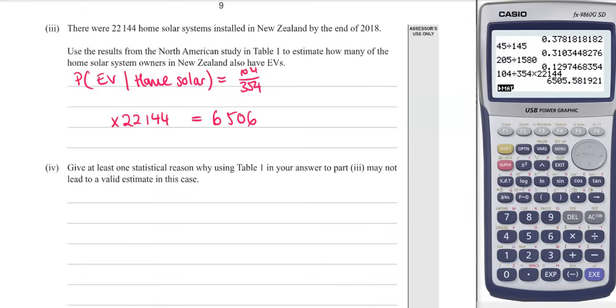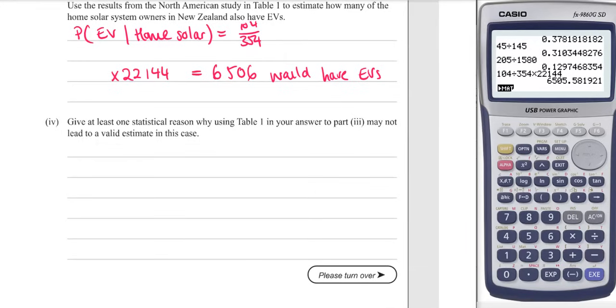It rounds to 6. So then part 2 is a reason why that's not a valid estimate. The most obvious one is we've taken information from the US and applied it to New Zealand.